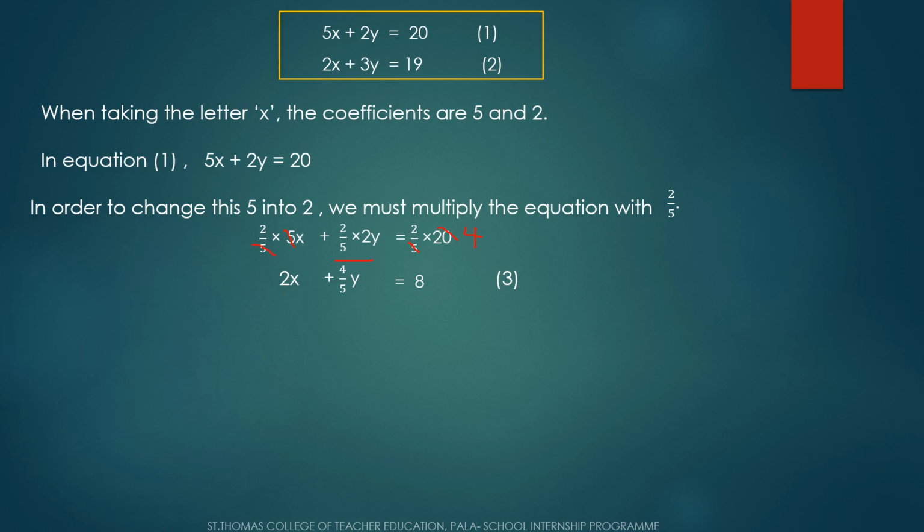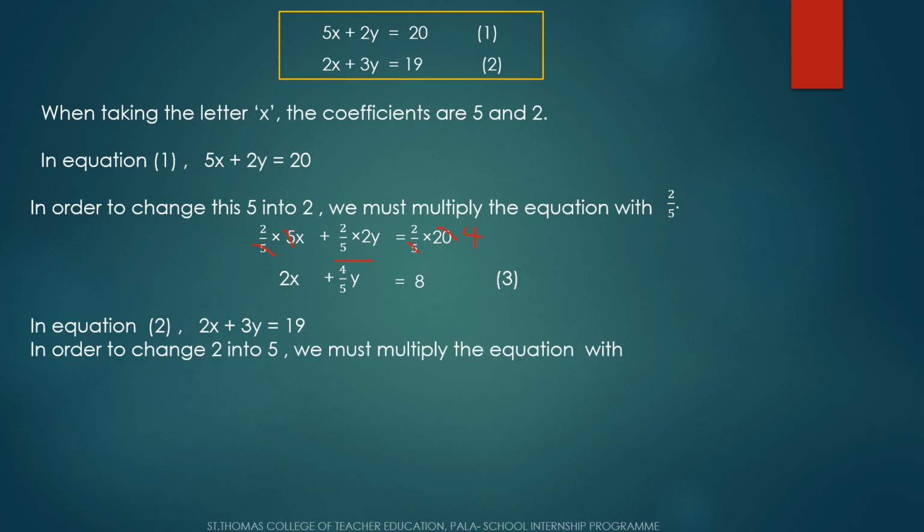Okay. Let's think in the next way. If we can change equation 2 such that the coefficient of x becomes 5, let's see what we get. So here equation 2 is 2x plus 3y equal to 19. Now my question is, by which number should you multiply equation 2 to get the coefficient 5? Some of you said 5 by 2. Let's check. Okay.